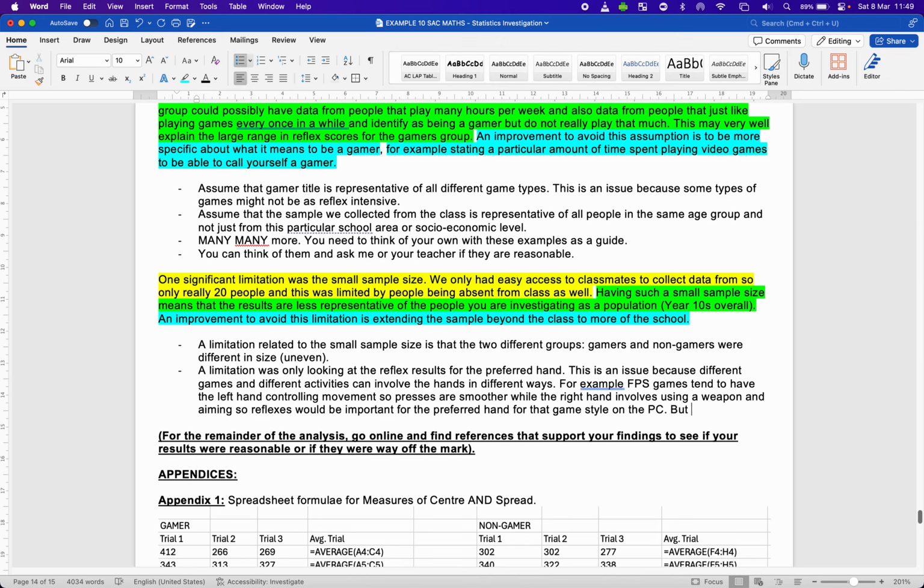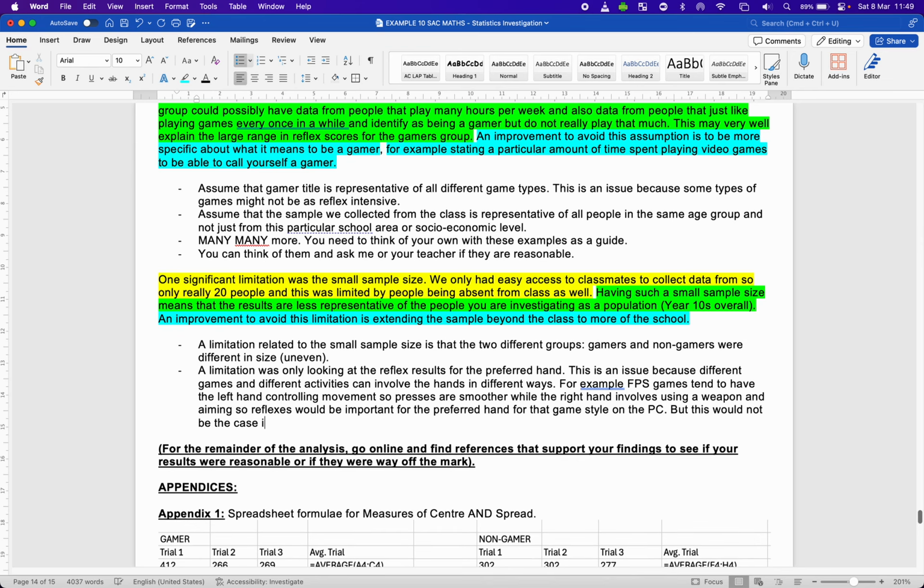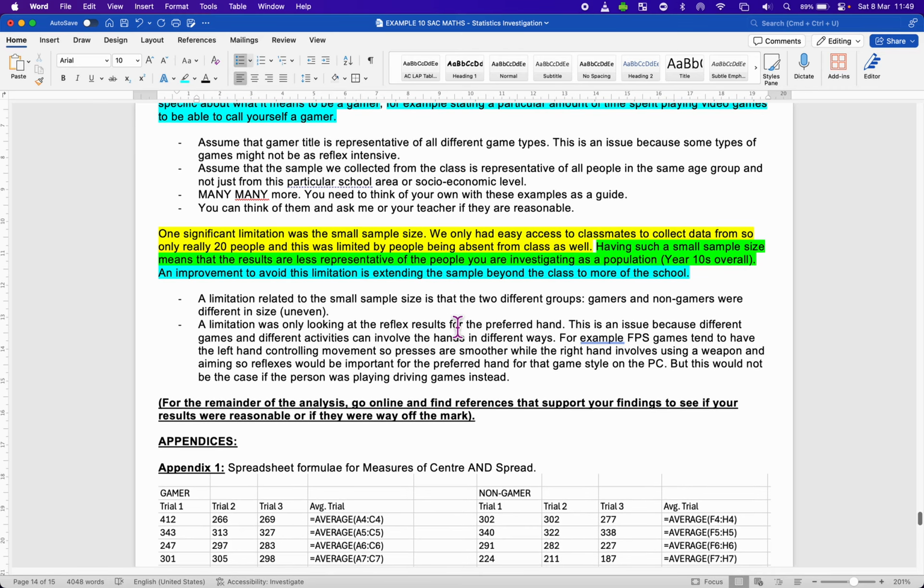But this would not be the case if the person was playing driving games instead. That's a big limitation, okay?